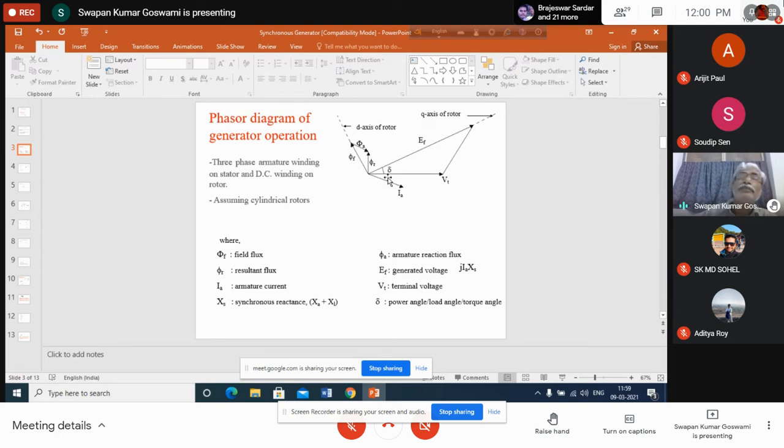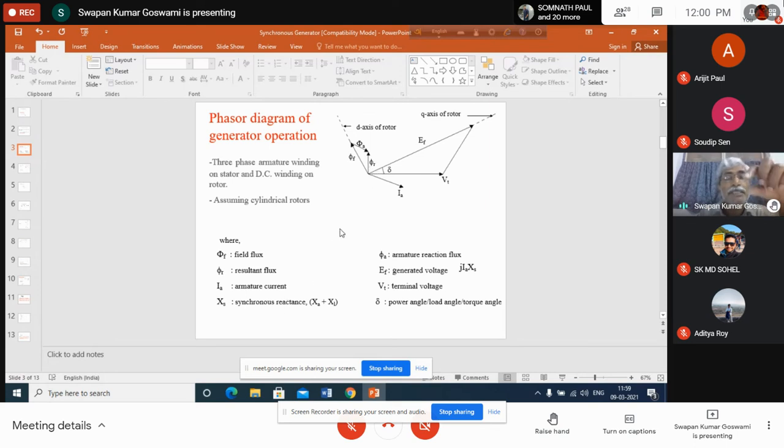If you reduce the field current, then what will happen to armature current? Armature current also will be reducing. Field current decreasing means armature current will be reducing, but that means Q is changing.